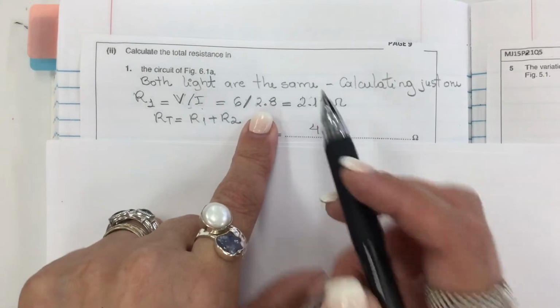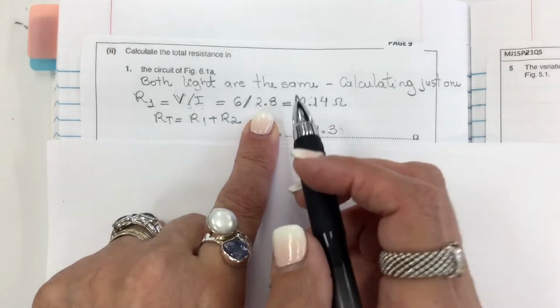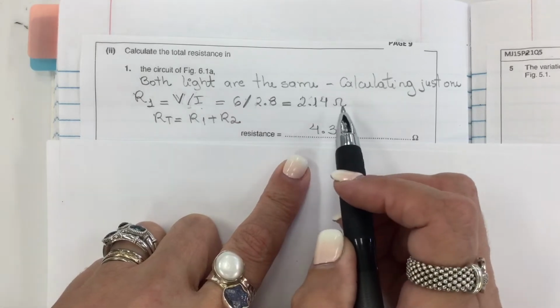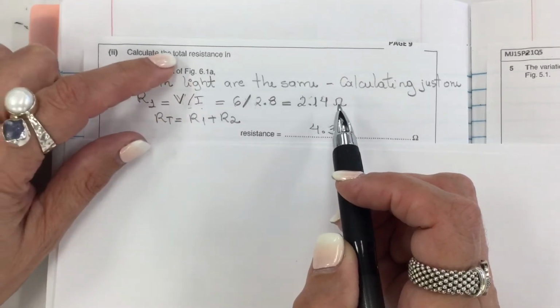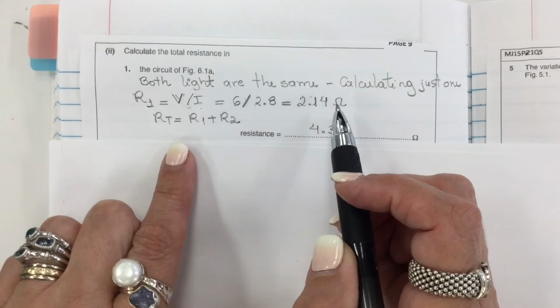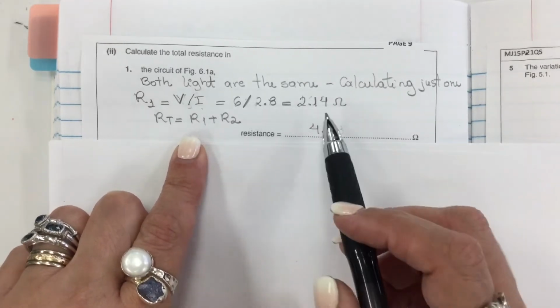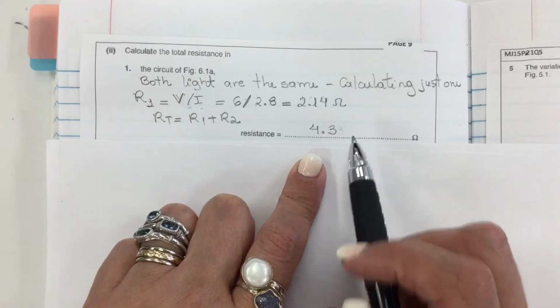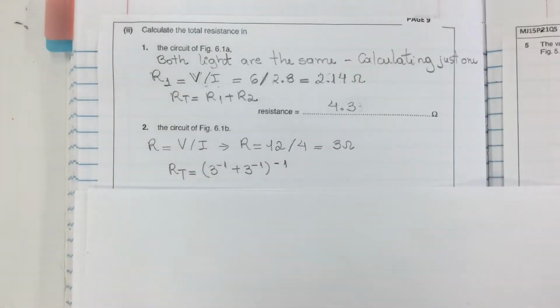We obtained this value graphically. Dividing 6 by 2.8, we have 2.14 ohms, but it's asking for the total resistance. So in this case, we need to add both. The final answer is 4.3 ohms. Okay, what about in parallel?